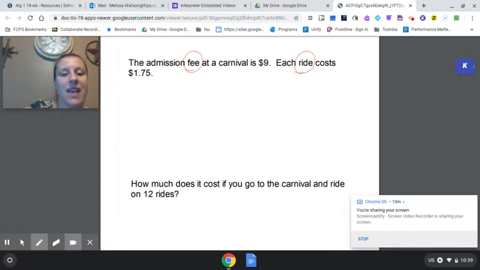So I'm going to say F is going to equal the fee, and R is going to equal the number of rides. Again, I'd want to think about which one's the independent variable and which one's the dependent variable. So the fee is going to depend on the number of rides that we take. So the fee is the dependent variable.